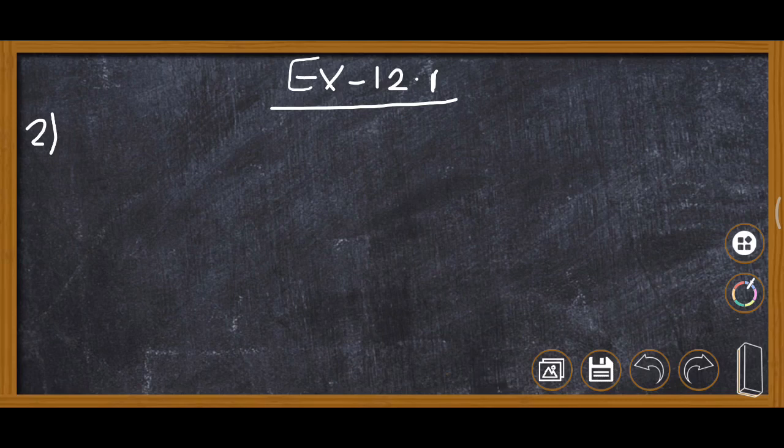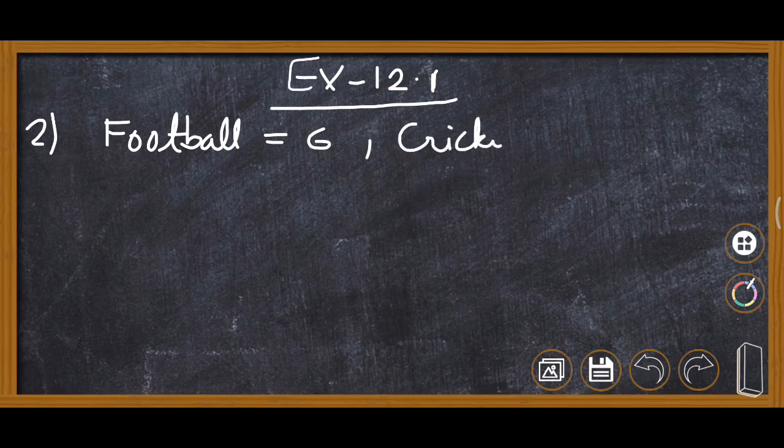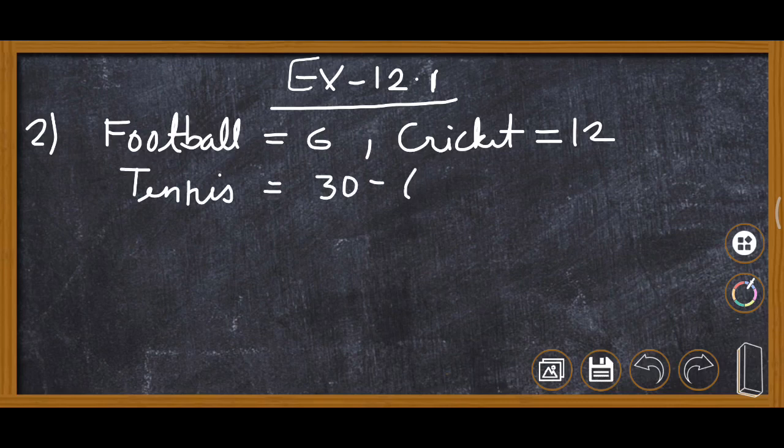So here first of all we will write football, students like football, 6 students, cricket, 12 students, and remaining students like tennis, total student 30, remaining then 30 minus 6 plus 12, it means 30 minus 18 and it is equal to 12.